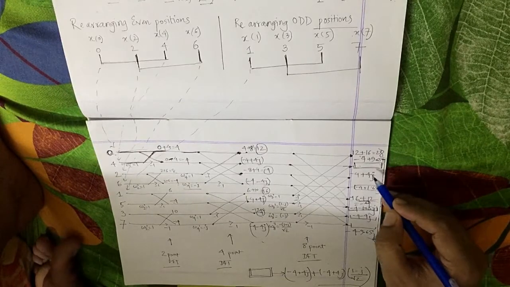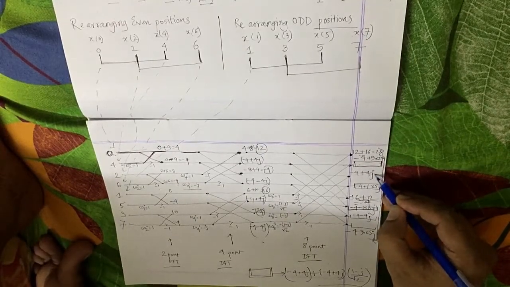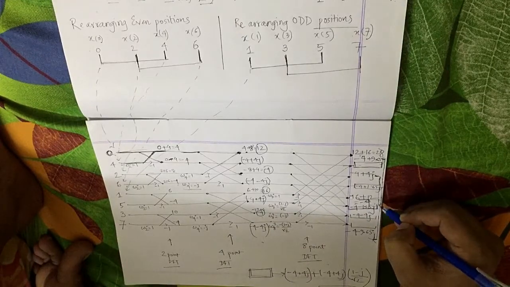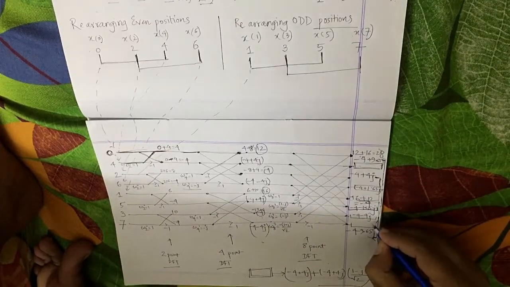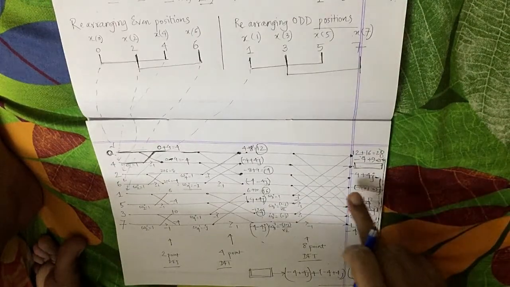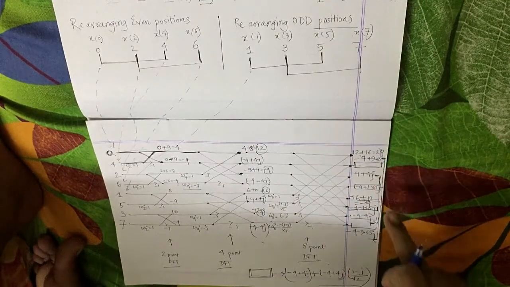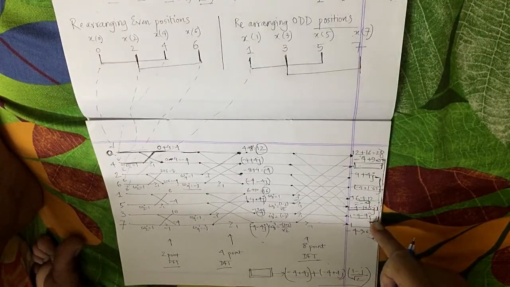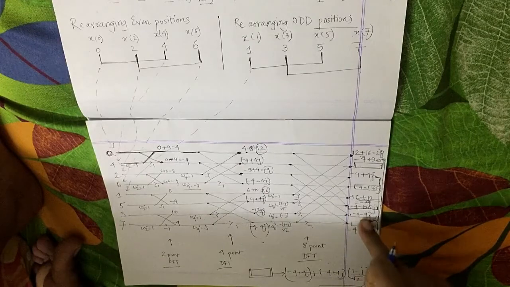What about this one? The third line, this one corresponds to the second last line. Second last line is this one, right? Third line had a value of minus 4 plus 4j. So the second last line is having a value of minus 4 minus 4j.